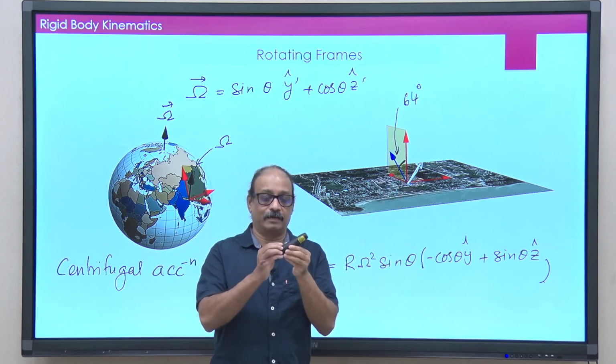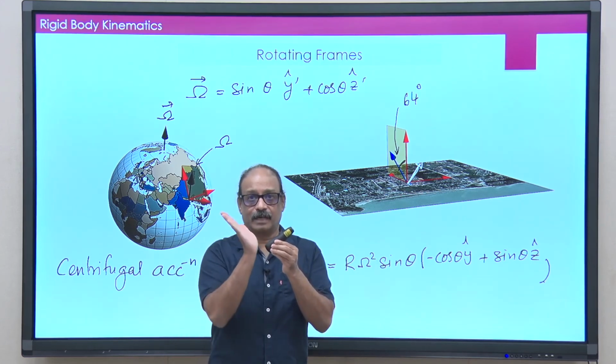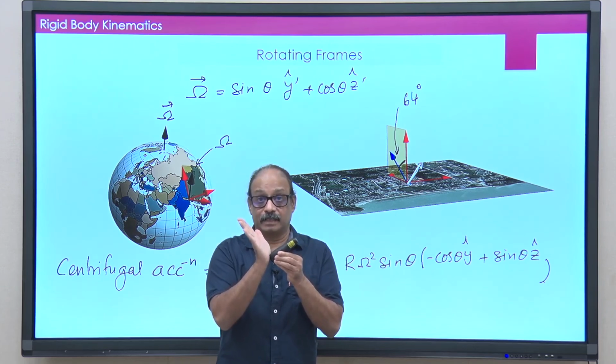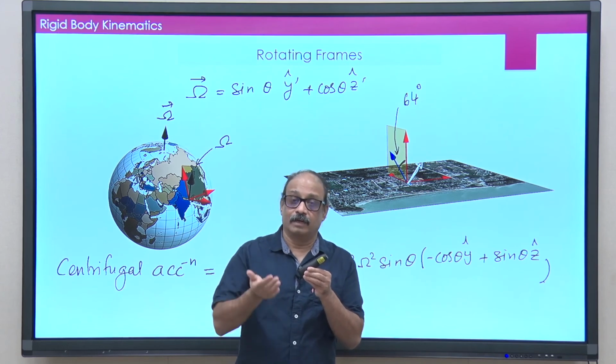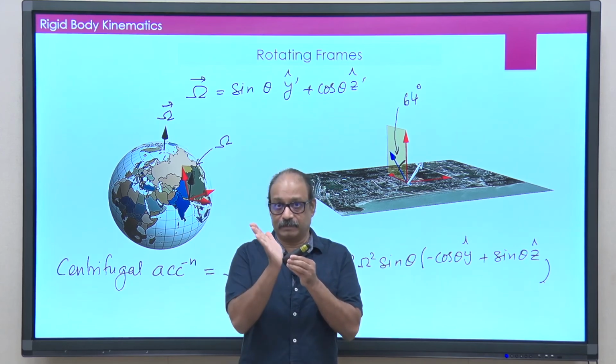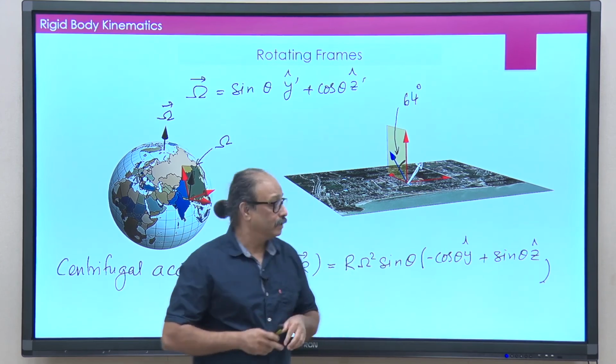So, remember I had drawn omega vector like this in our local frame, the centrifugal acceleration would be pointing this way. It is pointing away from the earth. It is basically going to be opposite in some sense to the gravity, gravity is pointing down.